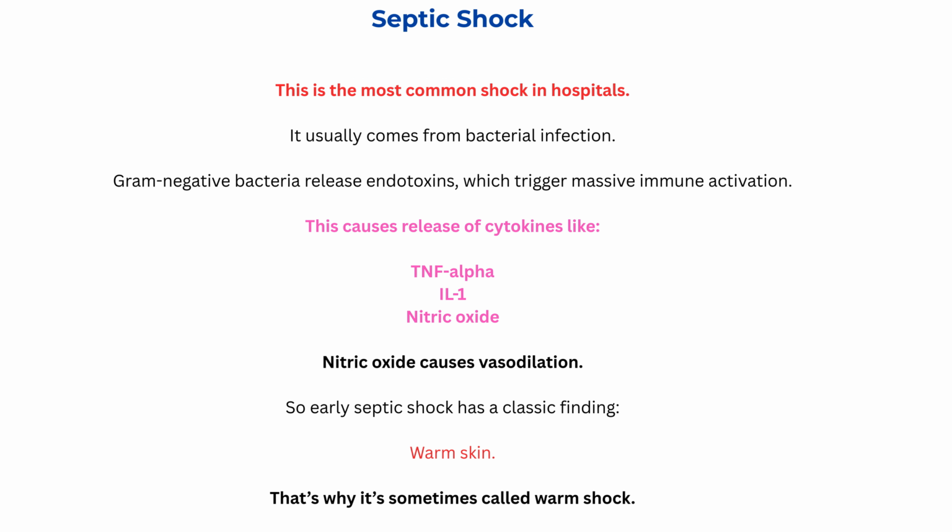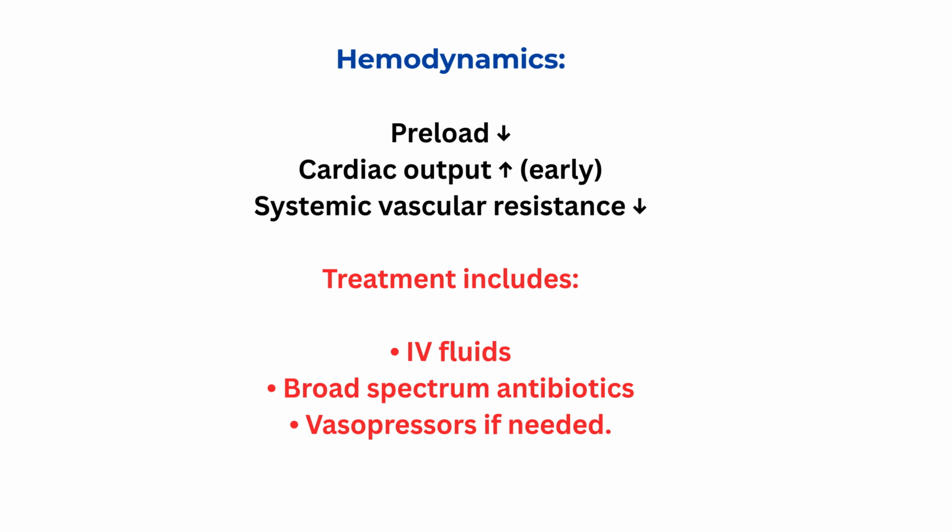So early septic shock has a classic finding: warm skin. That's why it's sometimes called warm shock. Hemodynamics. Preload down arrow. Cardiac output increased early. Systemic vascular resistance decreased. Treatment includes IV fluids, broad-spectrum antibiotics, vasopressors if needed.